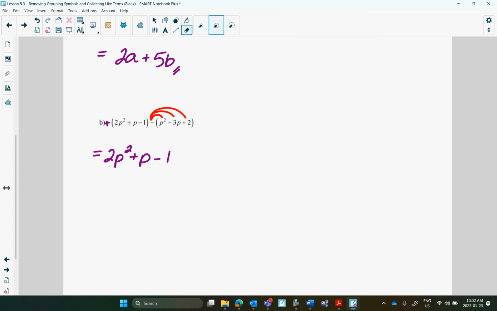So what will it become when I take out the parentheses? What will it look like? Negative p squared, positive 3p, minus 2. Good.